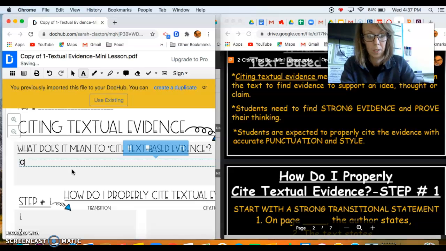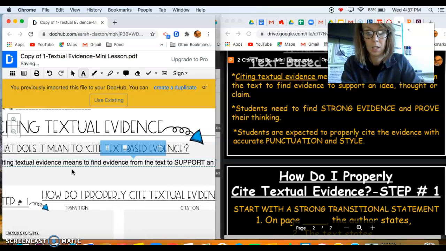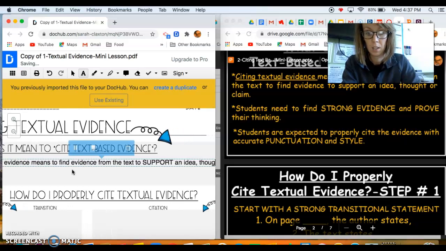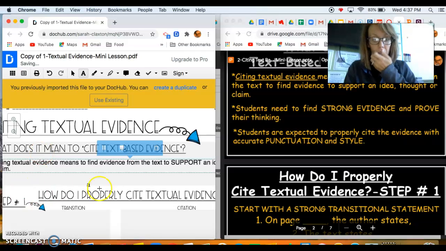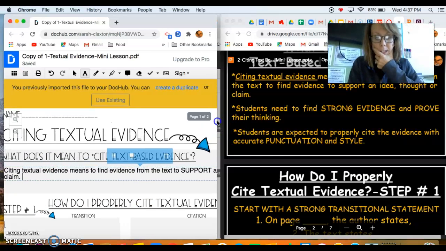So, citing textual evidence means to find evidence from the text to support an idea, thought, or claim. And now you have that in your notes.